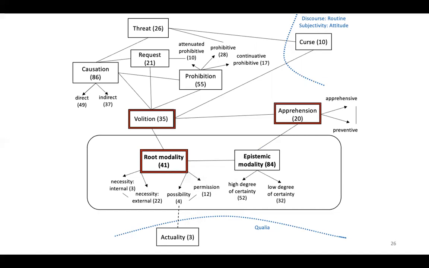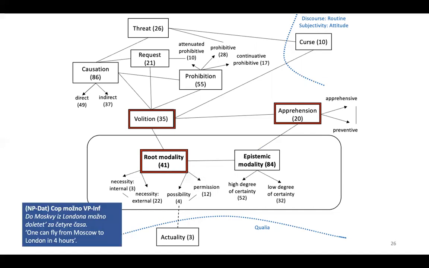The domain of possibility is represented by constructions denoting dynamic possibility, as in the construction «До Москвы из Лондона можно долететь за 4 часа», one can fly from Moscow to London in 4 hours, and also deontic possibility, which is indicated by the tag permission, which is more user-friendly for our resource.